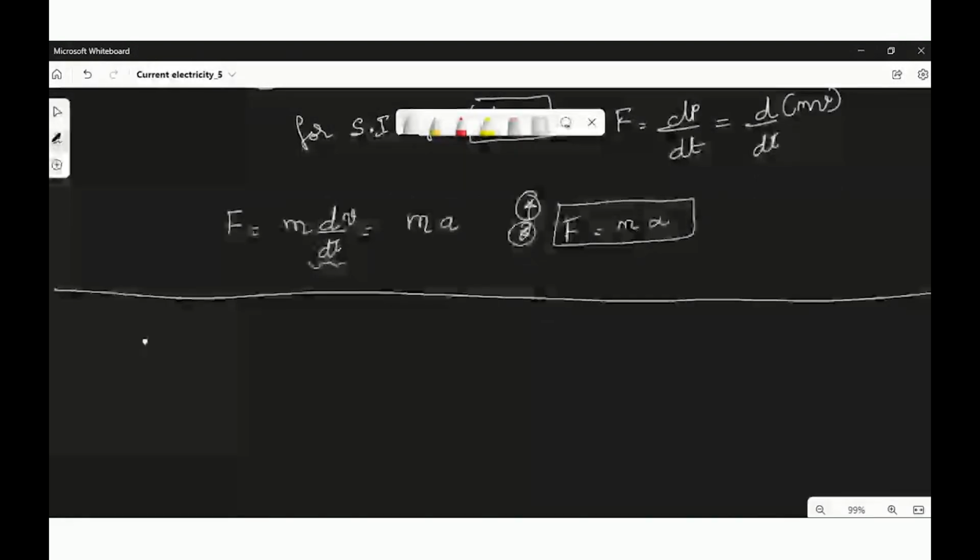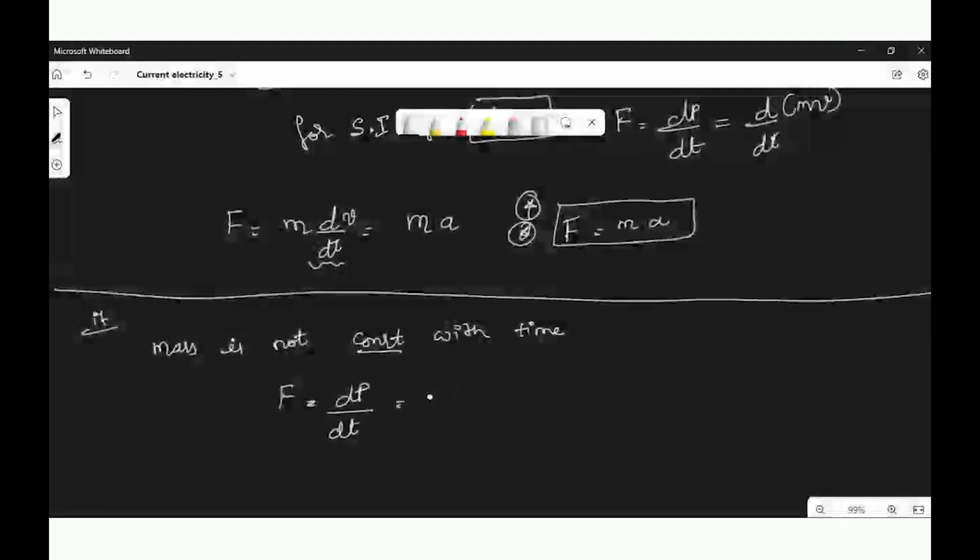But if the mass is not constant with time, then what happens? Force is equal to dP by dt, that is d by dt of m into v.